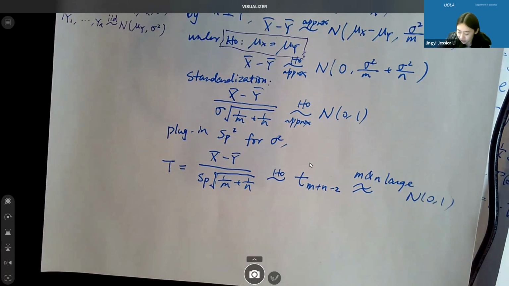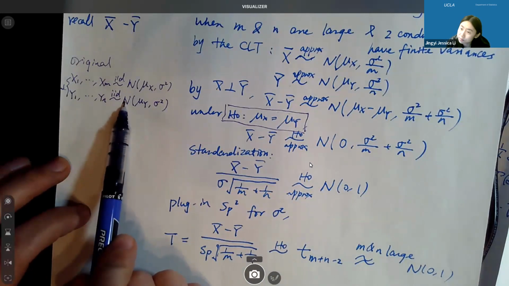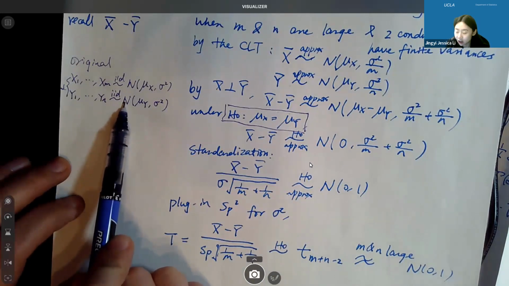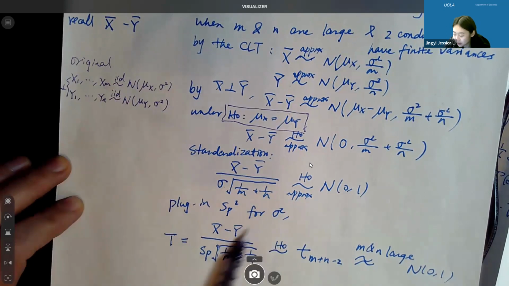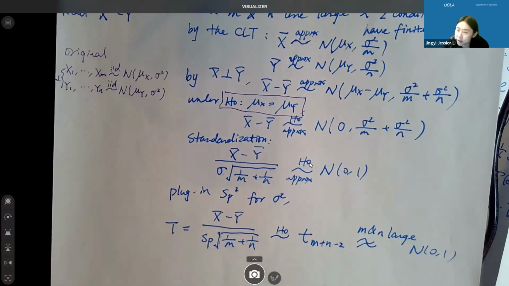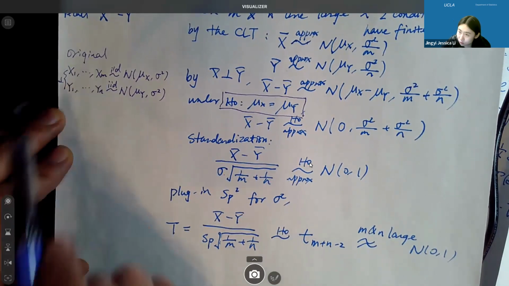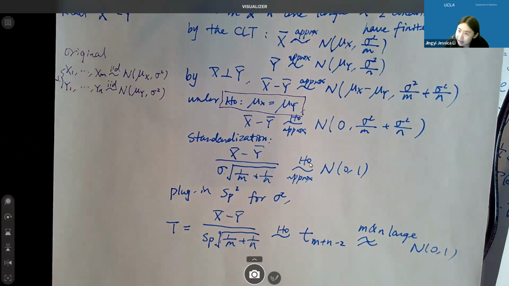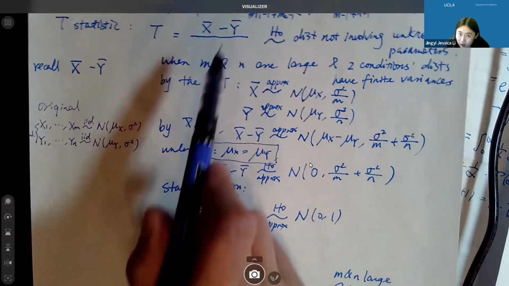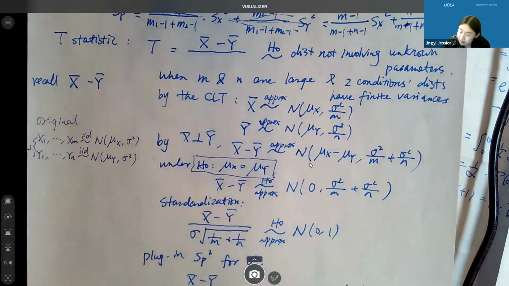In the last lecture, I didn't emphasize too much this normal assumption. Although it is the theoretical foundation for the whole derivation, because of the central limit theorem, even though our sample may not be from a normal distribution, as long as it has finite second moment, X bar is still approximately normal and Y bar is approximately normal.